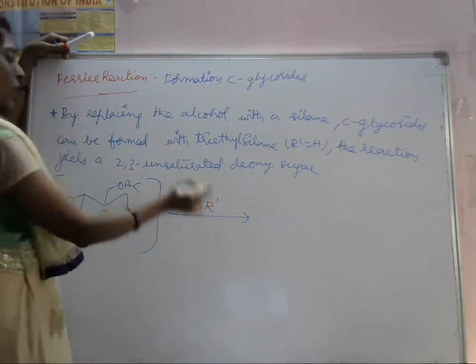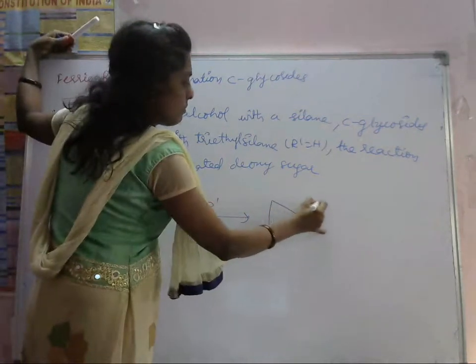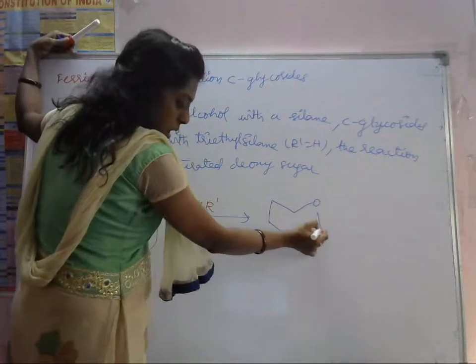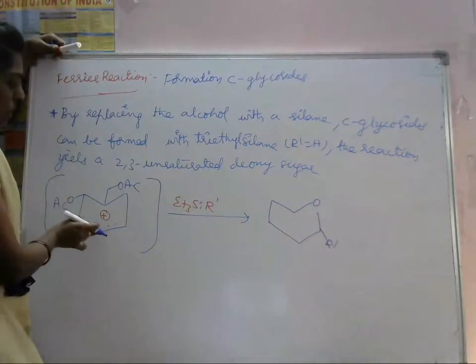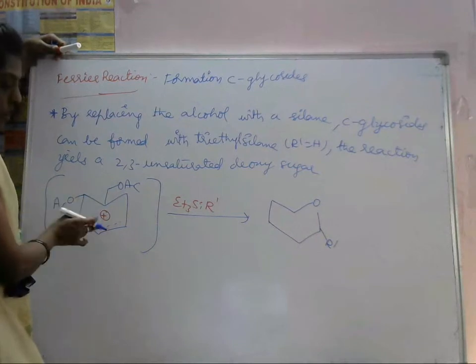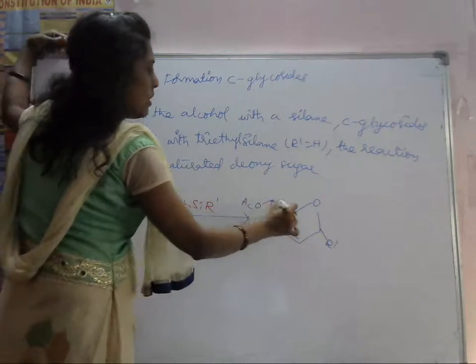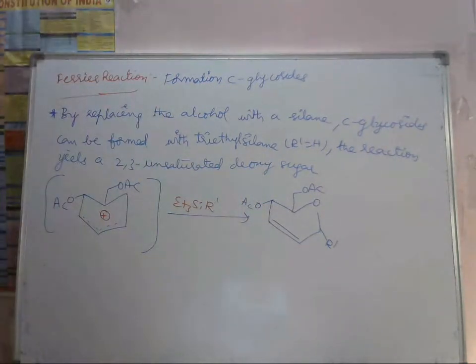Next, this R1 will attack this carbocation and form this product. Here a double bond will be there now, OAc is there, and again here we have OAc. So this is the simple Ferrier reaction.